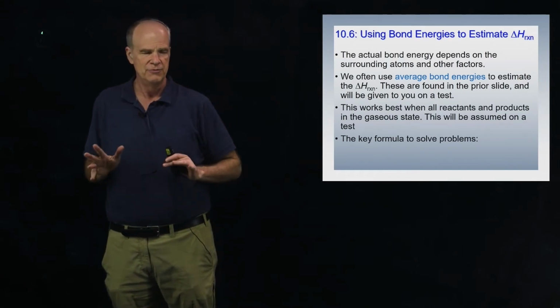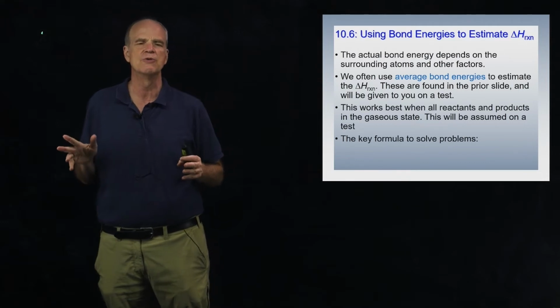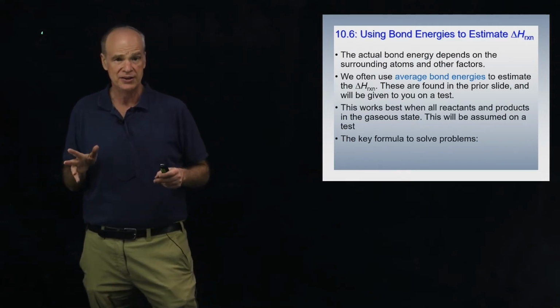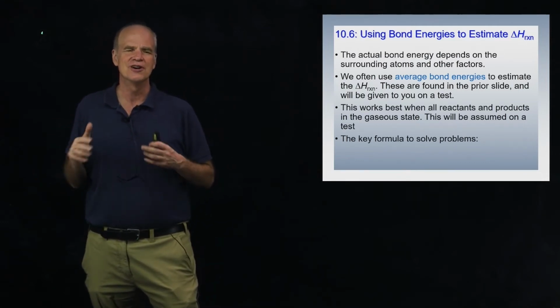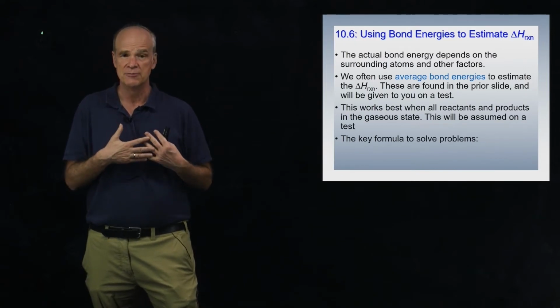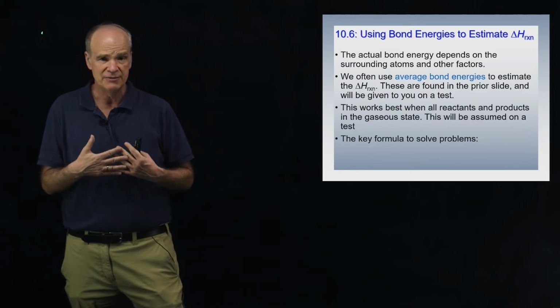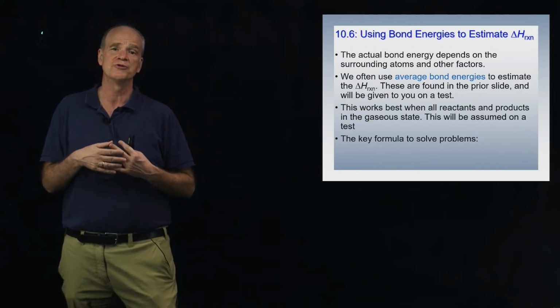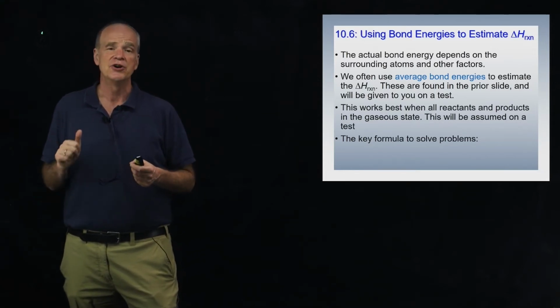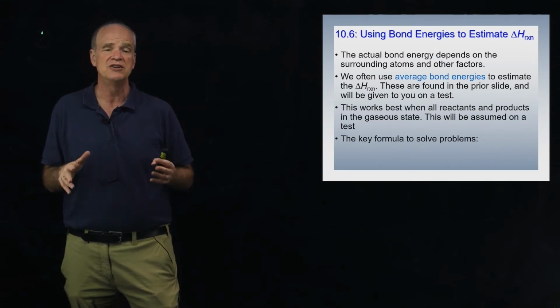Just to point out, you might remember in 109 that we calculated the change of enthalpy for chemical reactions in a number of ways. One way was by looking at data we might get from a calorimeter, and we did several problems regarding that. Another way we looked at it is by using Hess's law.